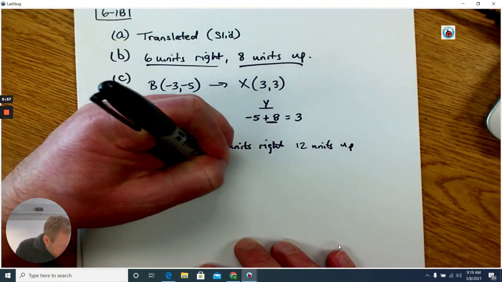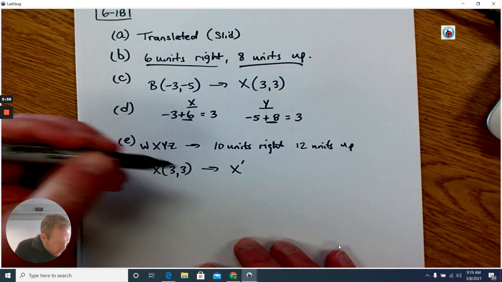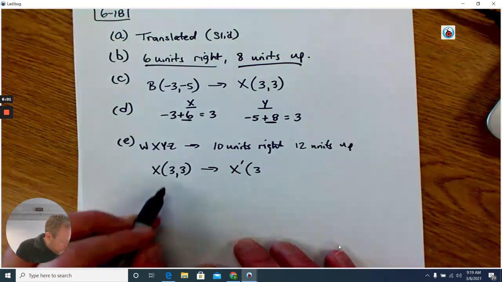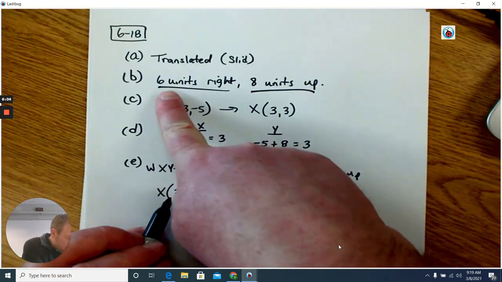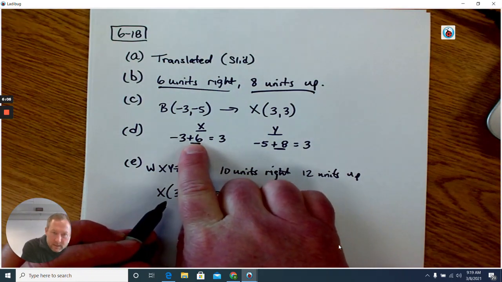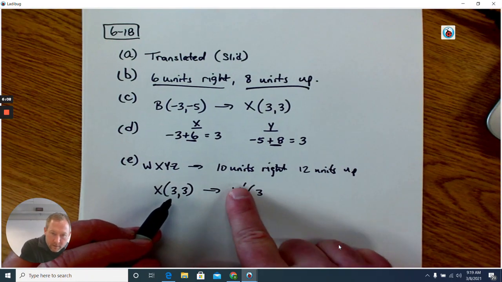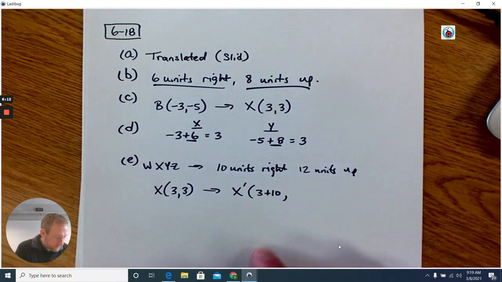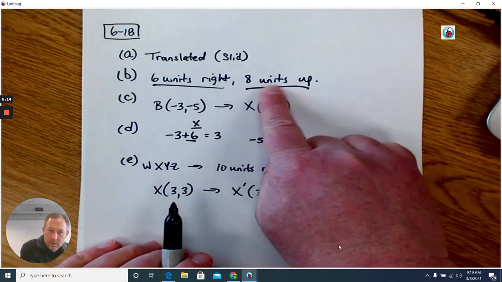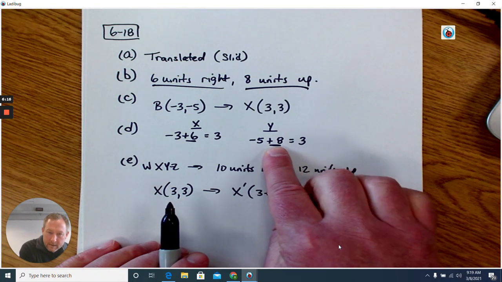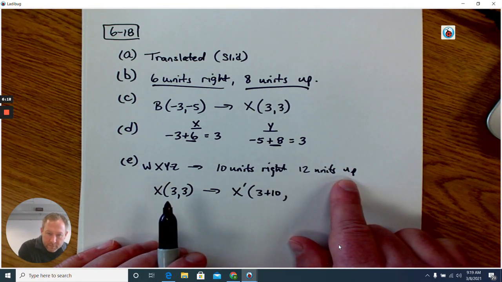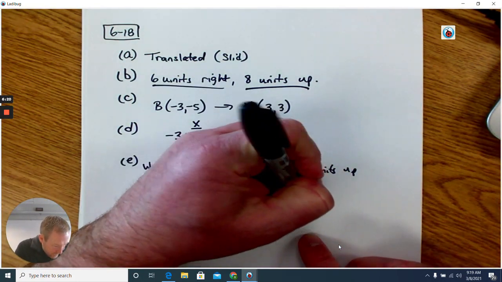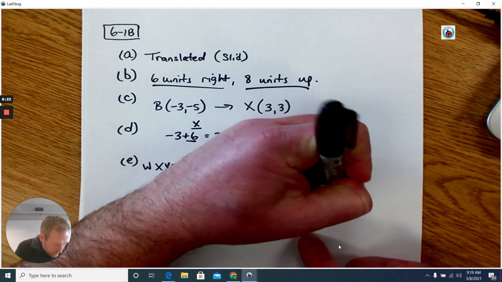Well, so X prime will be the 3. When we moved it 6 units right, we added 6. So here, if we're moving it 10 units right, we're going to add 10. When we moved 8 units up, we added 8. So now we're moving 12 units up, we're going to add 12.